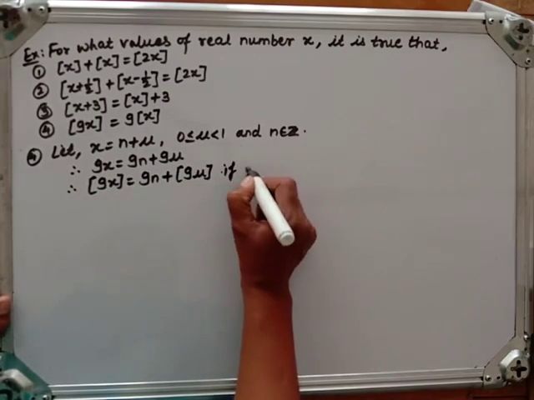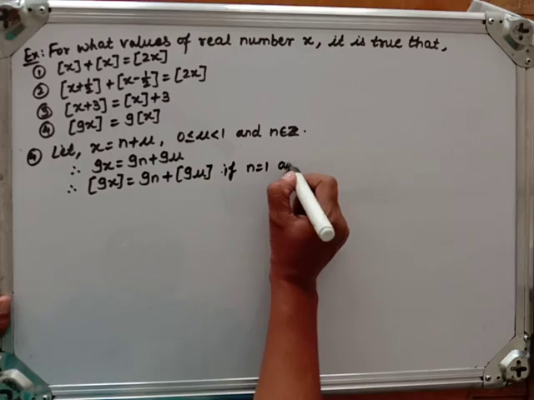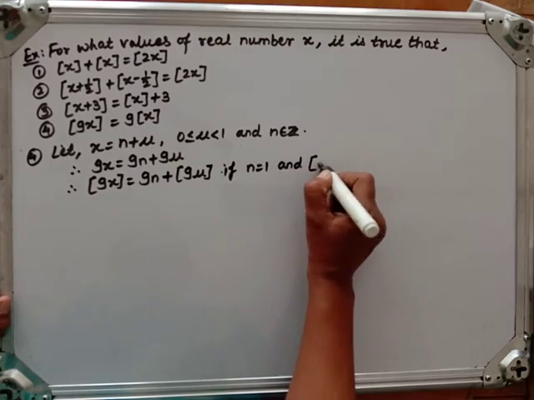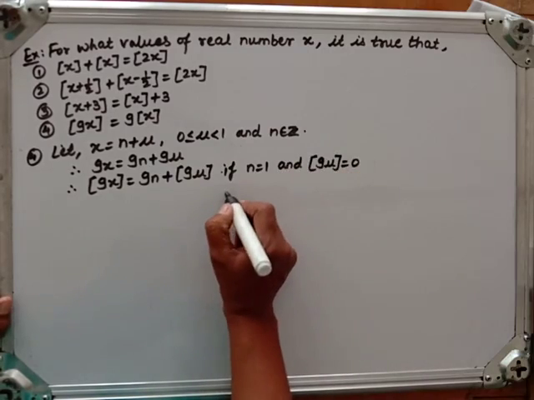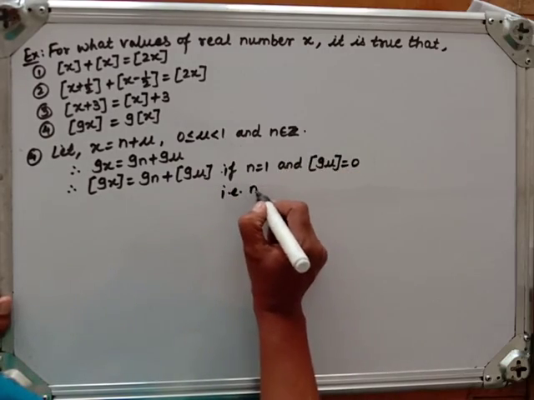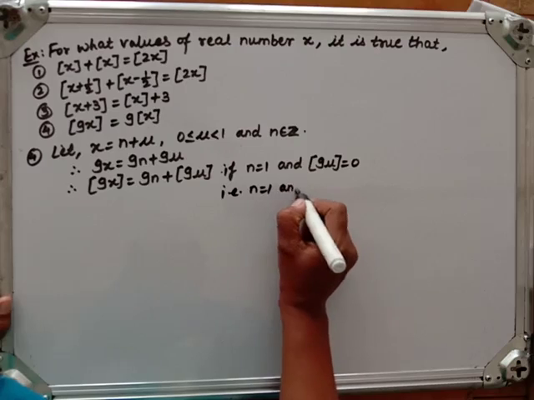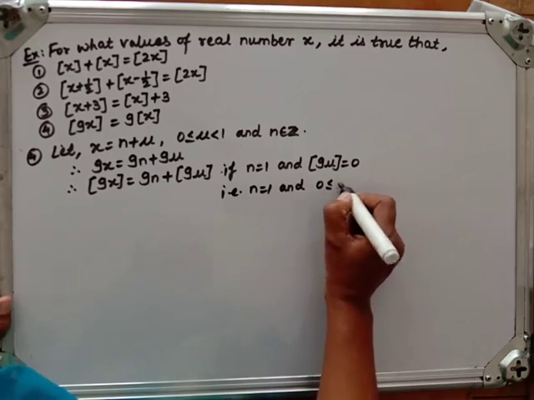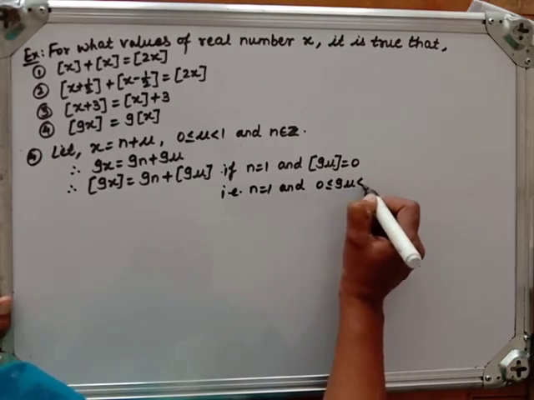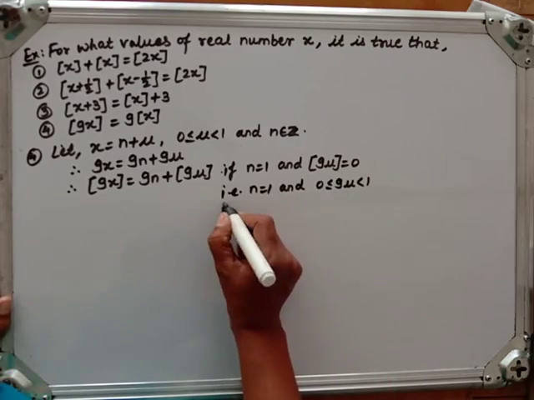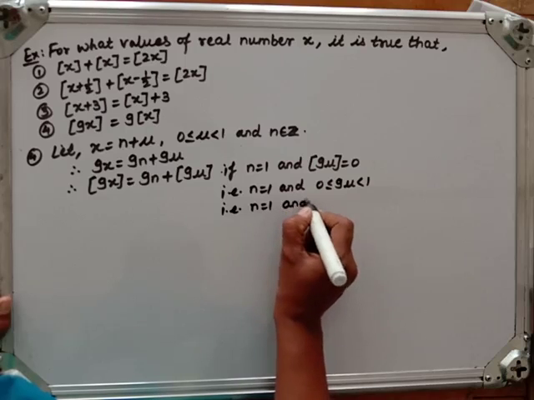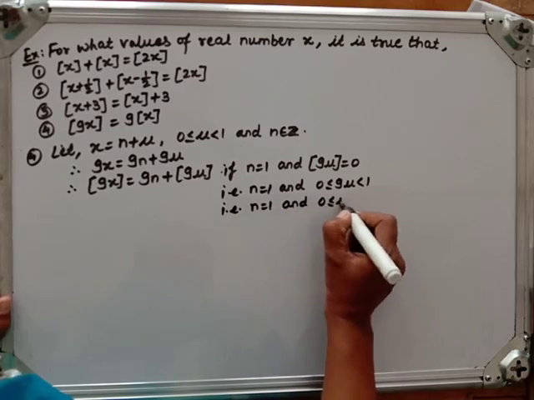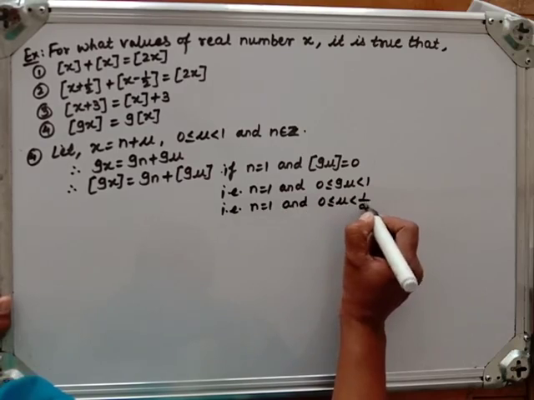If n equal to 1 and greatest integer function of 9 mu is equal to what? 0. That is n equal to 1 and 0 less equal 9 mu less than what? 1. That is n equal to 1 and 0 less equal mu less than 1 upon 9.